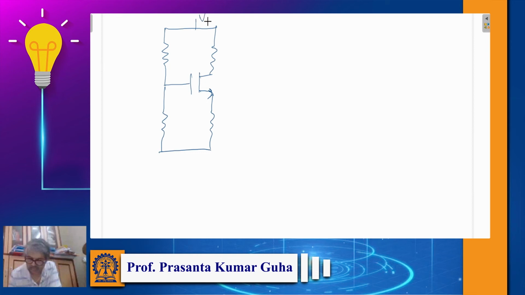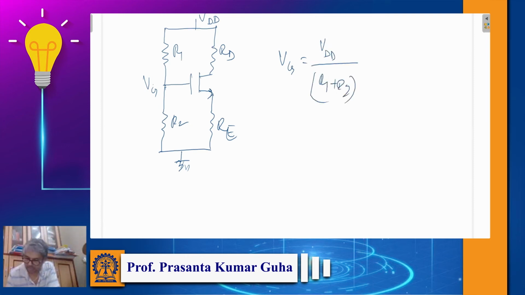Again, this resistor acts as a negative feedback and helps in stabilizing the bias. This resistor acts as a negative feedback because now Vg is no longer equal to Vgs. So Vg will be equal to Vdd over R1 plus R2 multiplied by R2, but this is no longer Vgs.